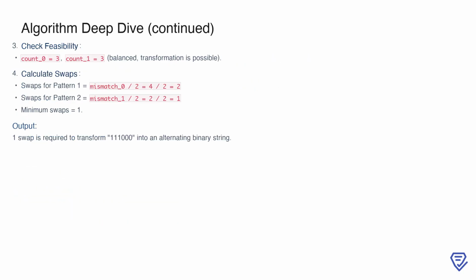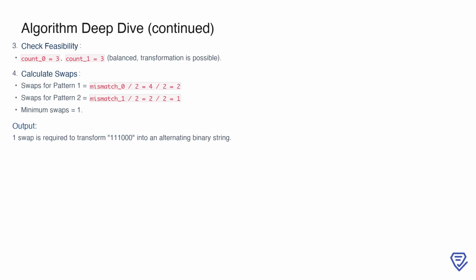Now, we move on to check the feasibility of transforming the string. By counting the total number of zeros and ones, we find that count_0 equals 3 and count_1 also equals 3. Since these counts are balanced, the transformation is feasible. Next, we calculate the number of swaps needed for each pattern. For pattern 1, the swaps required are mismatch_0/2, which is 4 divided by 2, resulting in 2 swaps.